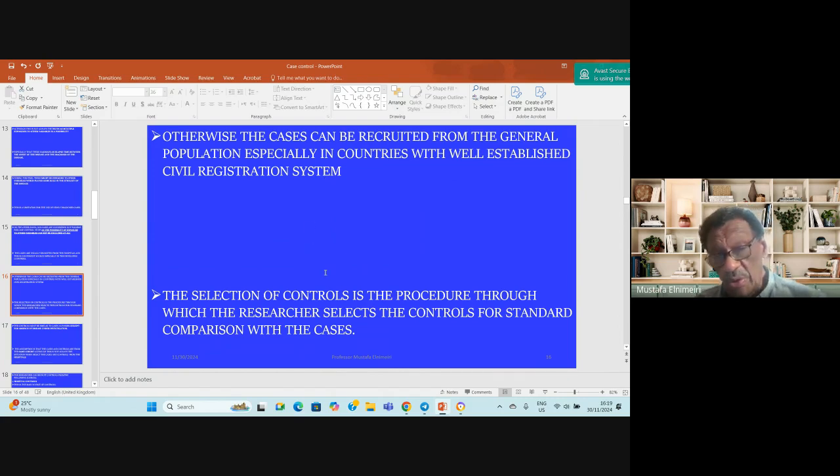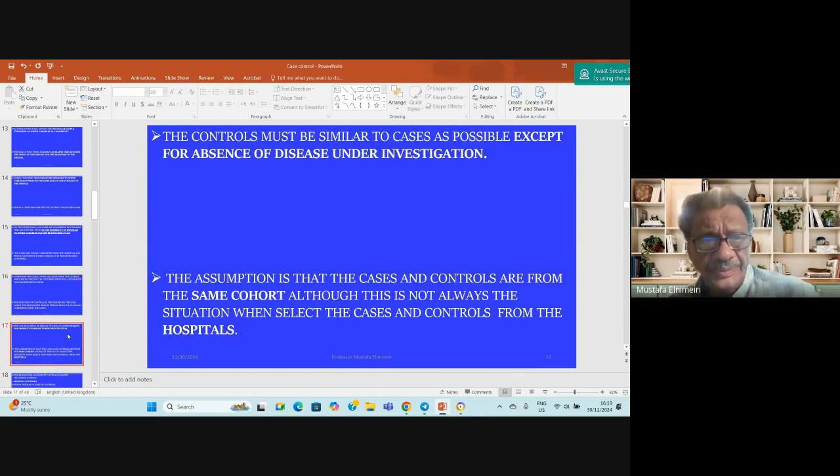The selection of the controls is the procedure through which the researcher selects the controls for standard comparison with the cases. The controls must be as similar to the cases as possible, except for absence of the disease under investigation. The assumption is that both cases and controls arise from the same cohort, although this is not always the situation when we select the cases and controls from hospitals.